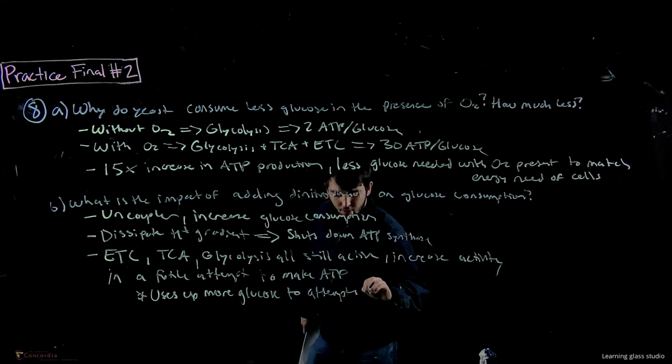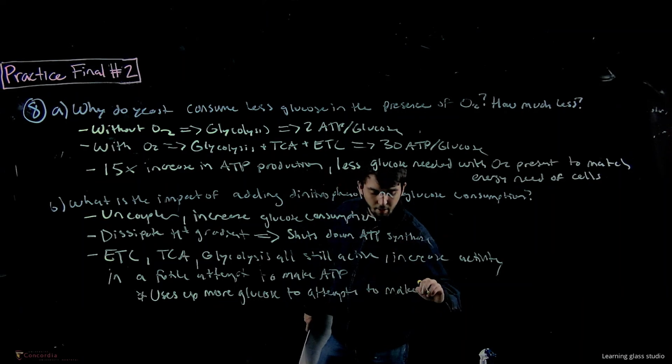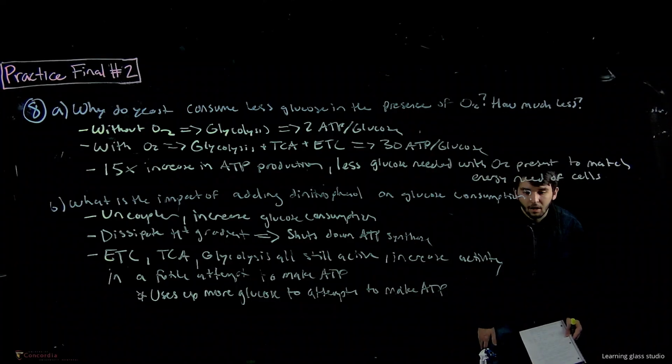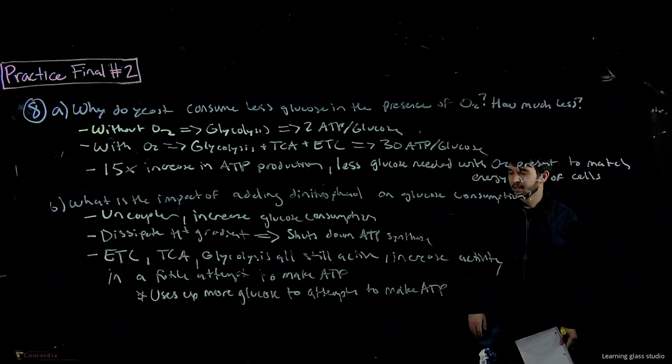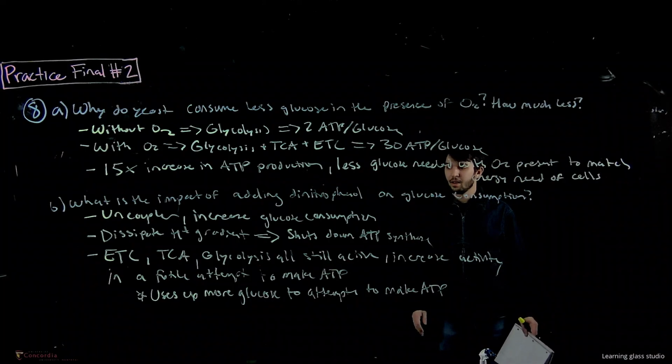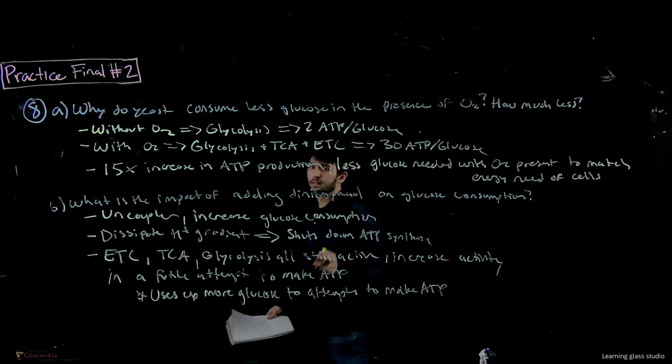They want to make more ATP, but they can't because ATP synthase is inhibited. But in an attempt to make more ATP, they just use up a ton of glucose. Okay? So that is the answer to this question.